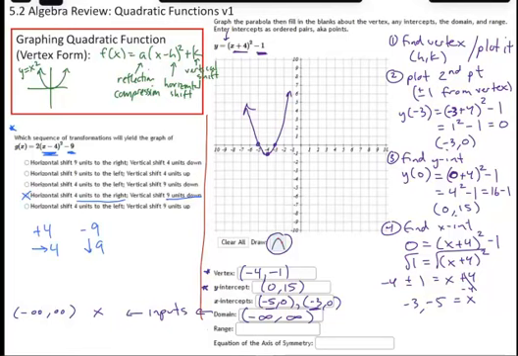Okay, what about range? Range is the outputs, which are the y's. So what is the limit on the range? When you use intervals, you use the lowest limit first. So what's the lowest y value of this graph? It's a value of what? -1. So we're going to start with -1.